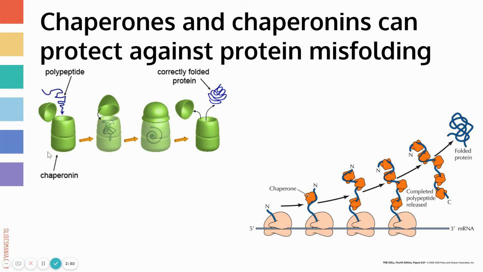Once the polypeptide's folded, the chaperonin will open up and it's able to exit, and then a new polypeptide can come in to be folded. So it's just a safe space for polypeptides to go into in order to be folded.